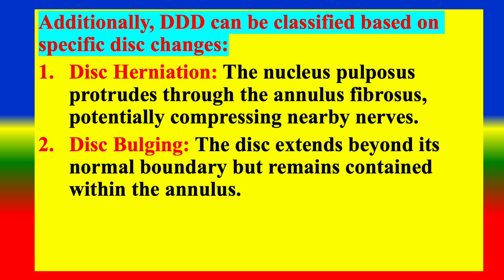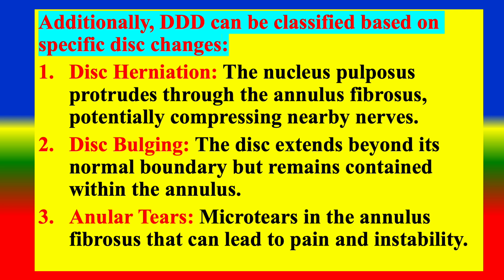Disc bulging. The disc extends beyond its normal boundary but remains contained within the annulus. 3. Annular tears. Micro tears in the annulus fibers that can lead to pain and instability.